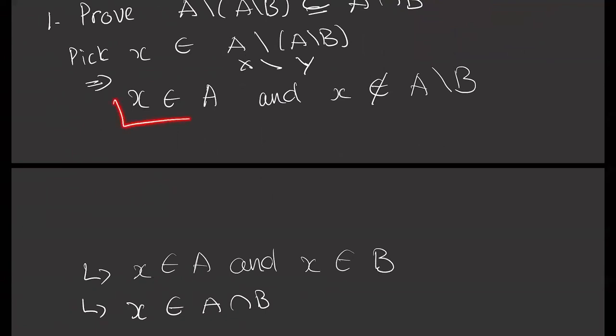So here we have X is in A. The only thing left to do is proving X is in B. But it seems difficult to get it from this one.